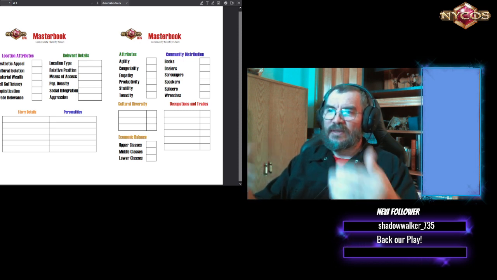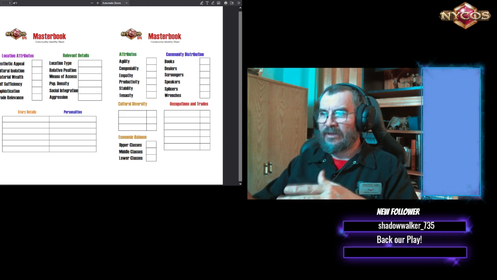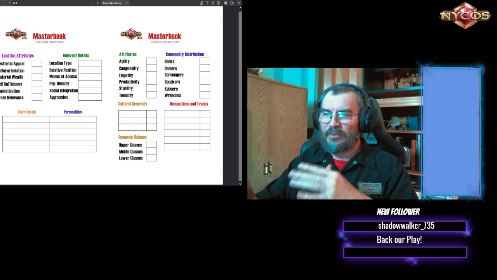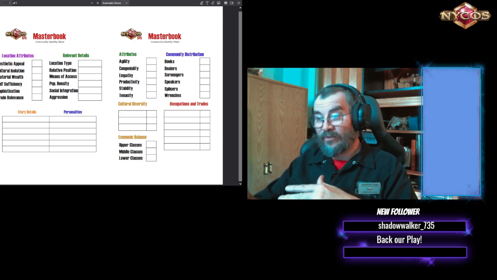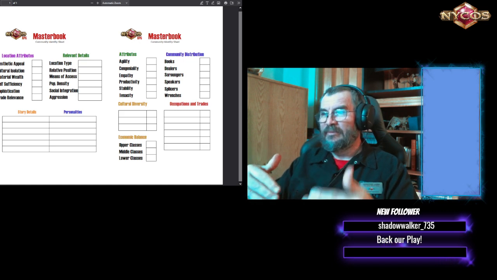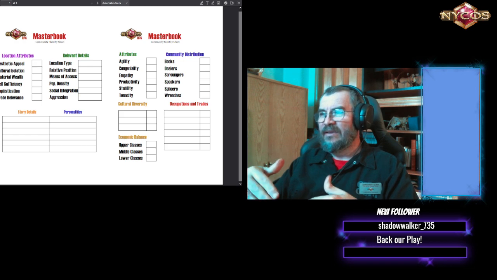So just realize that this document, the master book identity sheet, is fundamentally the equivalent of a player character's sheet, and the more information you have on this, the more information the players will be able to interact with in terms of understanding what it is they want to get to.